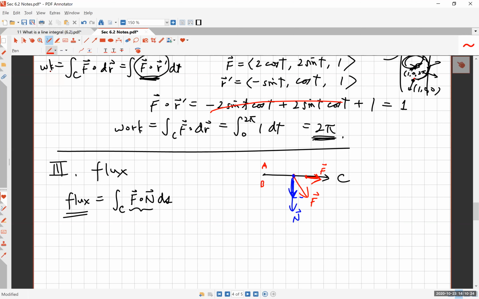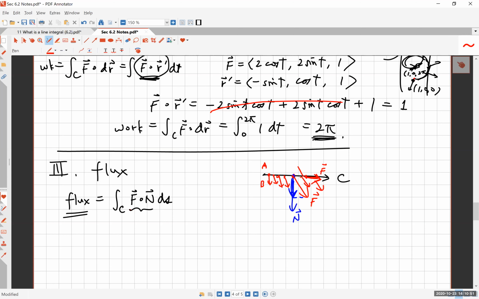Now, if you have a vector field well defined at every point on C, you can do this at every single point. All you have to do is calculate for each point not the tangential component like in the work integral, but the normal component. If you find the normal component of F at every single point, then you can start adding them, i.e. integrating them.